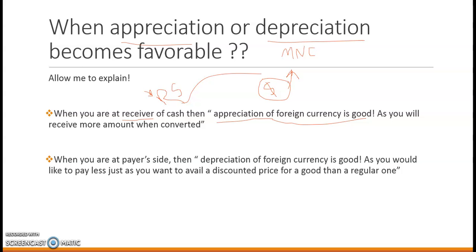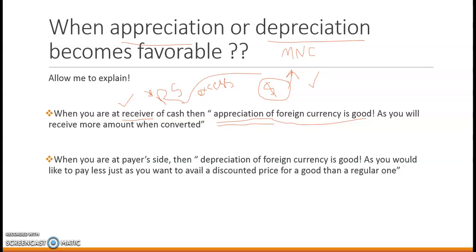It simply means that for each dollar converted into rupees, you will get an excess or extra cash, which is due to the increase in the value of the foreign currency. So the MNC's focus will always be on the appreciation of the foreign currency when they are on the receiver side, when they have to receive the payments.